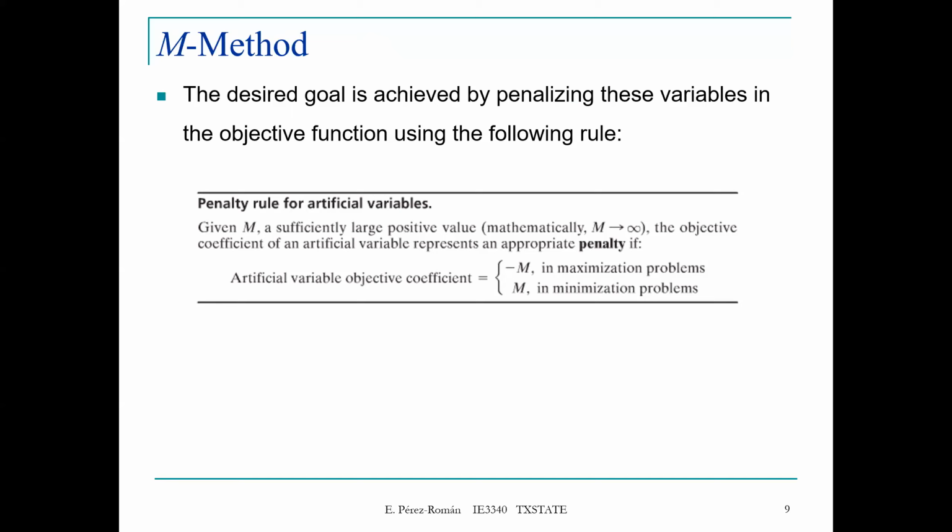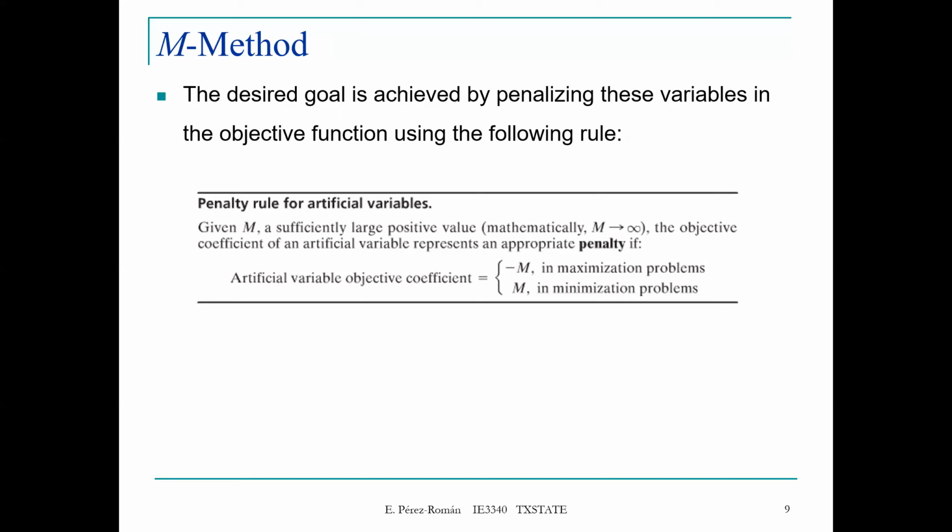So the idea is to use these artificial variables in the constraints, and we are going to penalize those artificial variables in the objective function by giving them very big values.